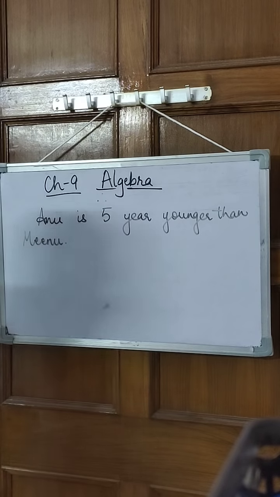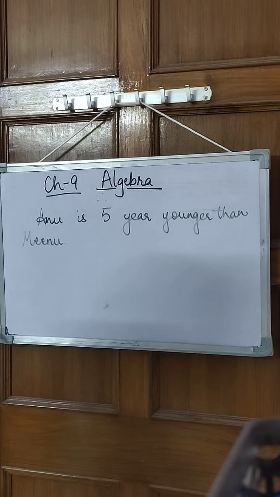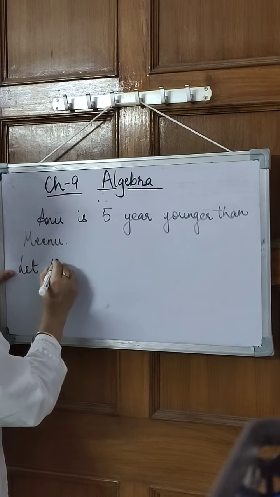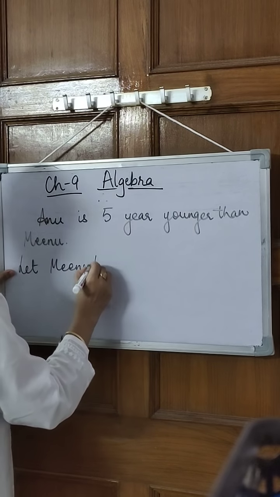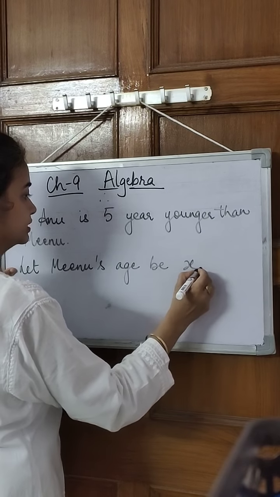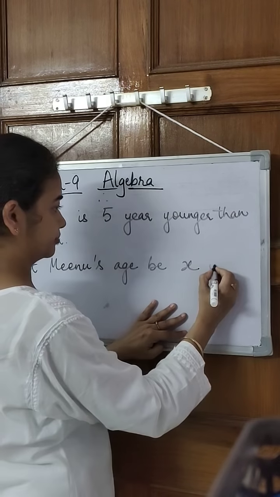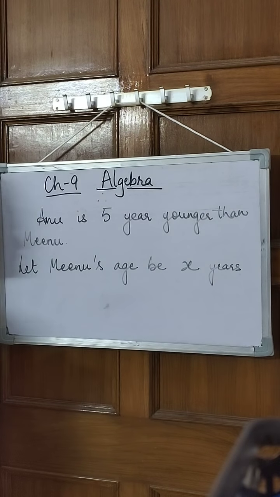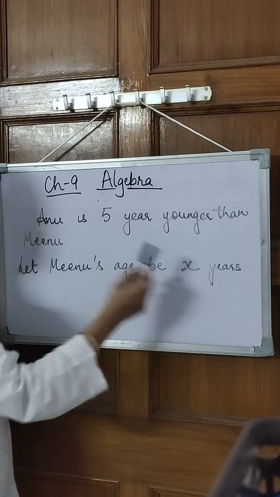They ask to write Anu's age in terms of Meenu's age. So let Meenu's age be X years. Because I don't know Meenu's age, I can assume it as a variable because it is unknown.